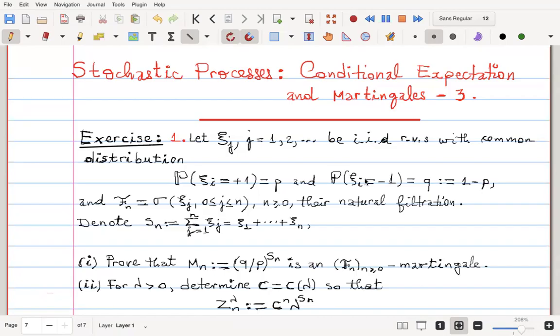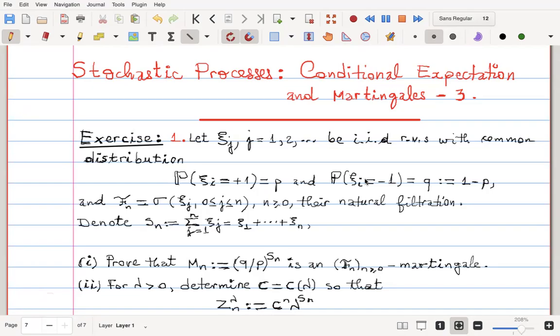We are done with conditional expectation in code, because in the definition of a martingale, we use conditional expectation.